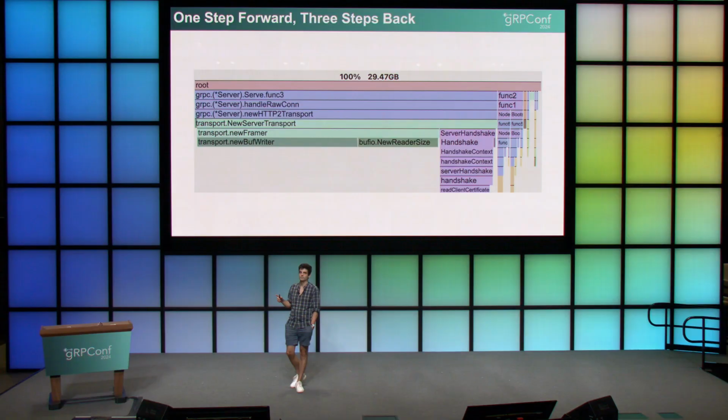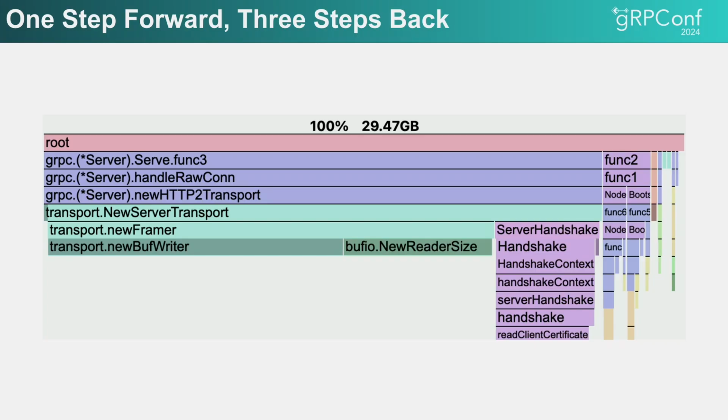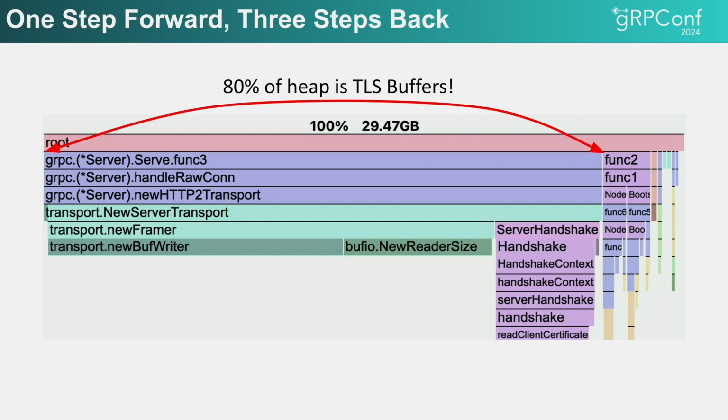So out of curiosity, I take a quick heap dump and I see this. For those of you who haven't had the pleasure of looking through Go heap dumps for hours on end, what we're looking at here is that about 80% of the overall heap is being used by effectively idle TLS buffers. At this point, we had the entire fleet connecting to just a couple hosts, and we can't even scale it up.